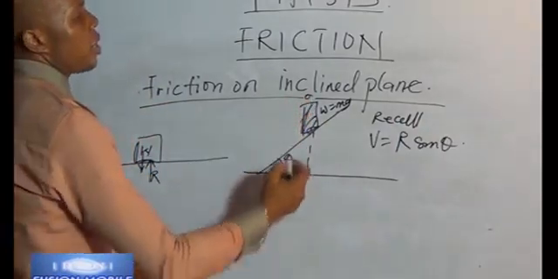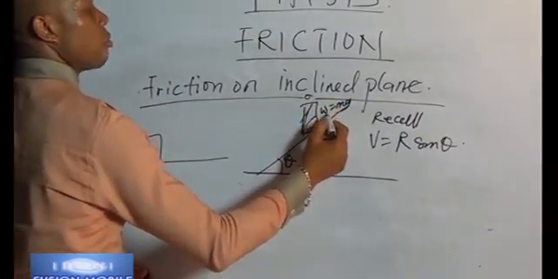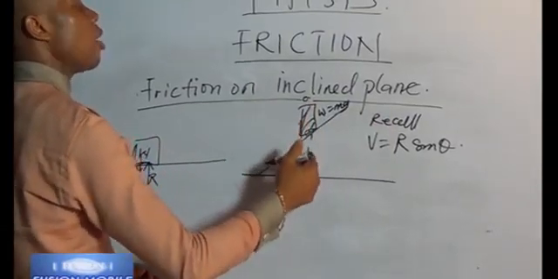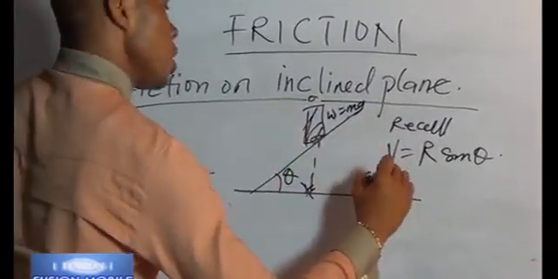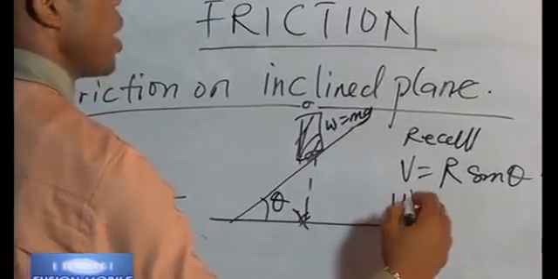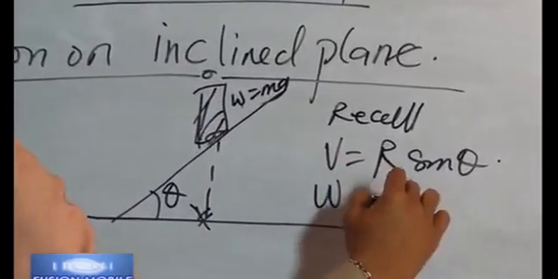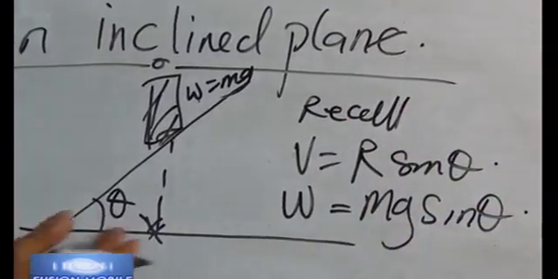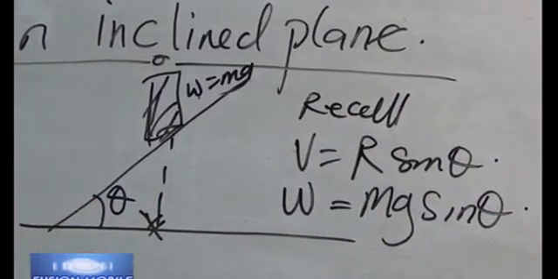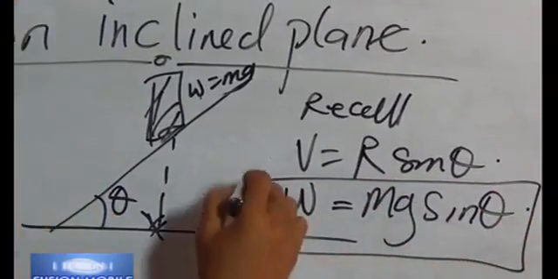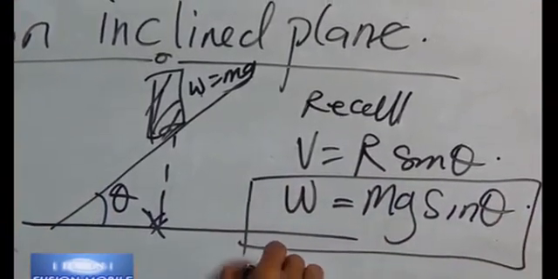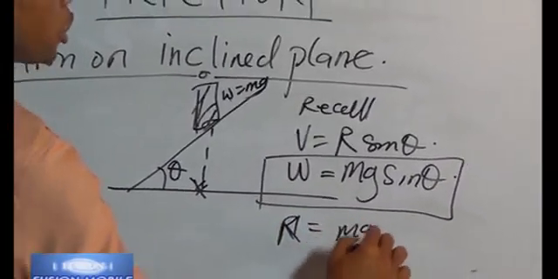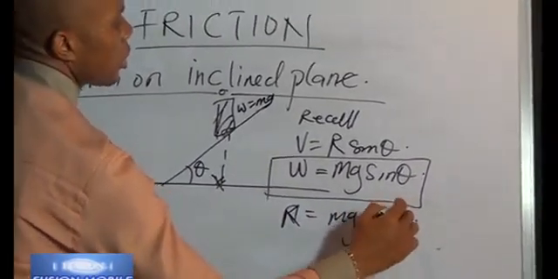The resultant vector here is the weight, mg, so the weight on the inclined plane is equal to mg sine theta. While the normal reaction, which is the horizontal component, N or R, is equal to mg cos theta.